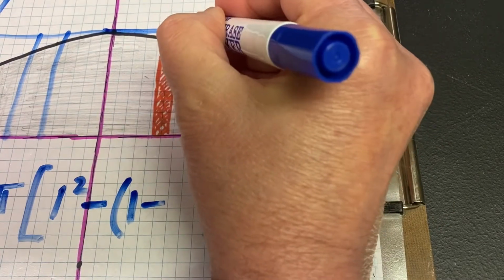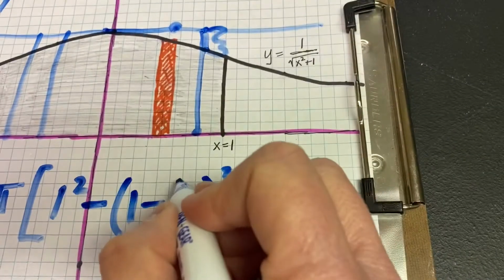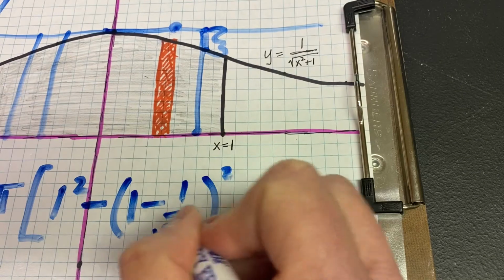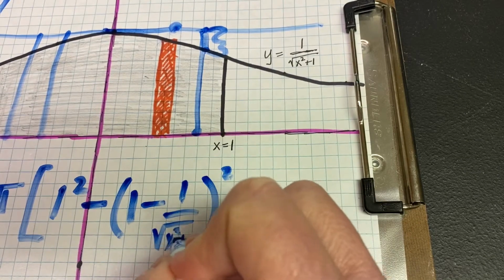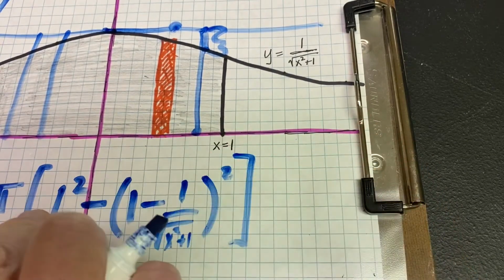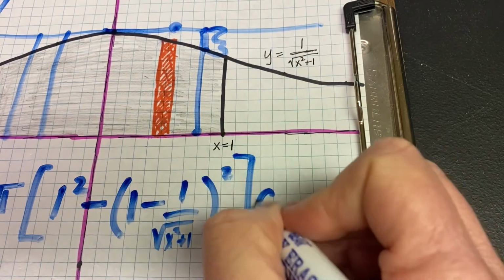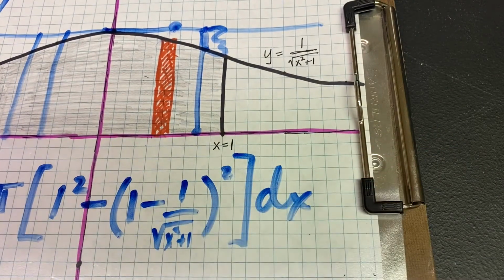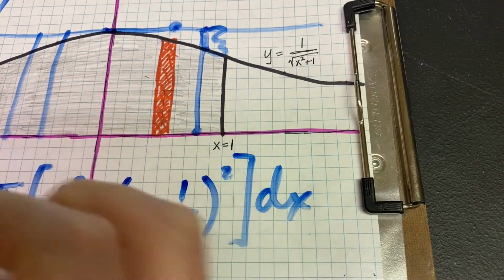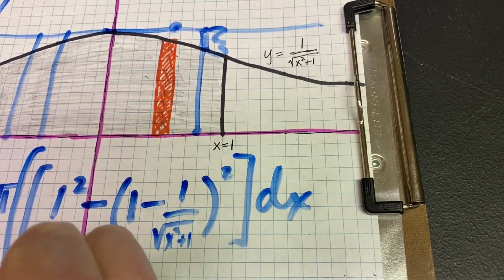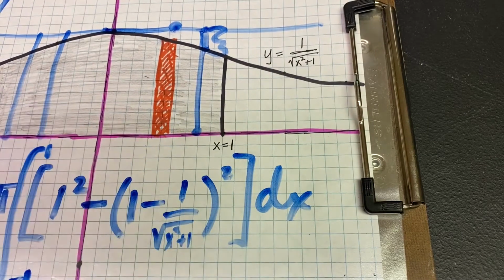This distance from here to here is 1 minus the function value. Outer radius squared minus inner radius squared dx. That's the height of the washer. And then that's the integral from -1 to 1.